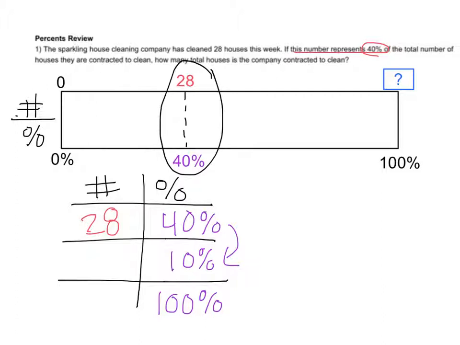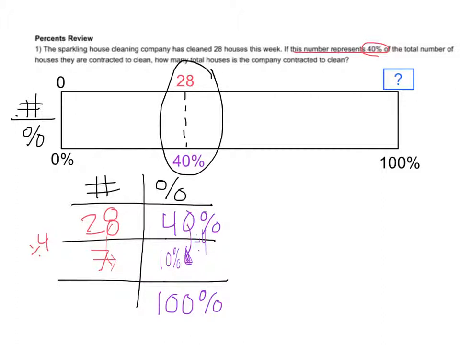So if I'm trying to figure out how to get from 40% to 10%, I know I can do that by dividing by 4. I want to do the same thing on this side, and divide 28 by 4. It's really nice that my 28 is divisible by 4, or else I'd have a decimal, but we know that 28 divided by 4 gives me 7.